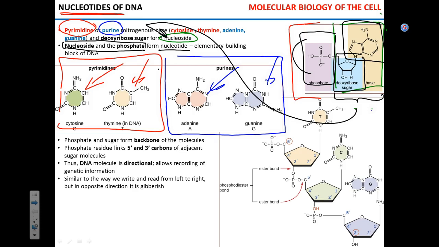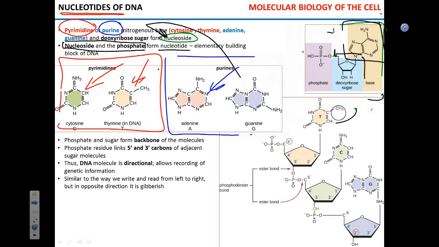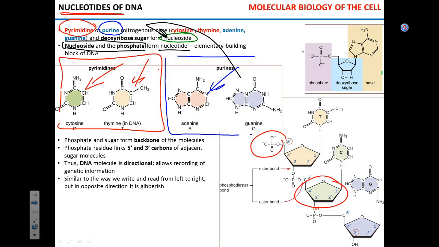Now, what are the roles of these three parts of a nucleotide in forming the structure of DNA? Phosphate and the sugar form what is called the backbone of the DNA molecule.